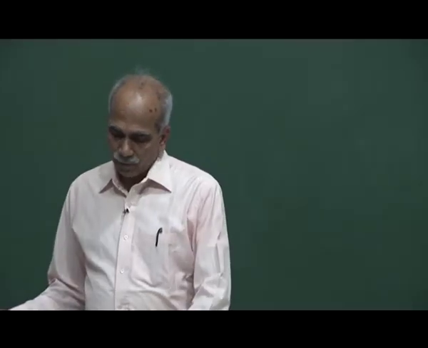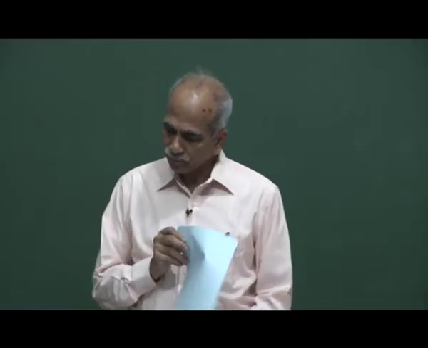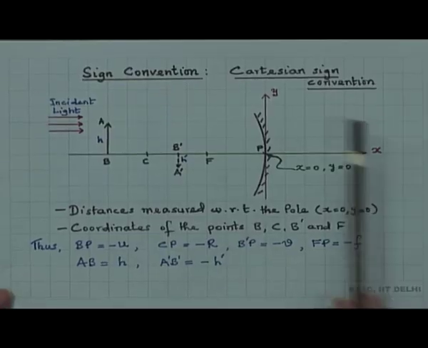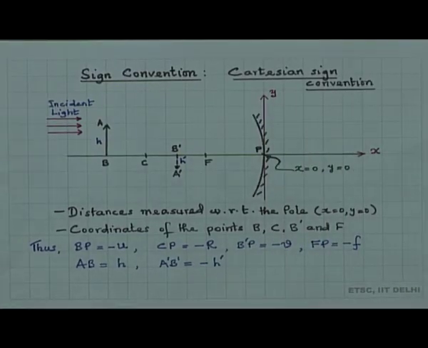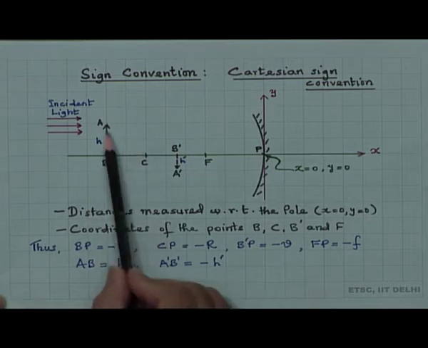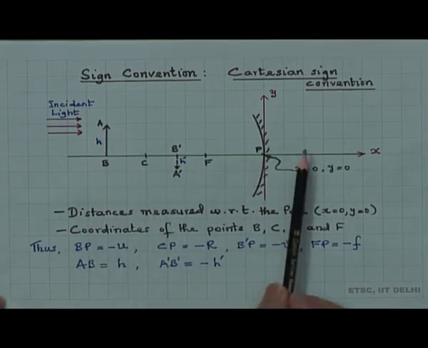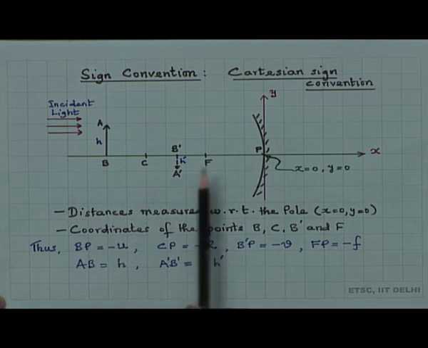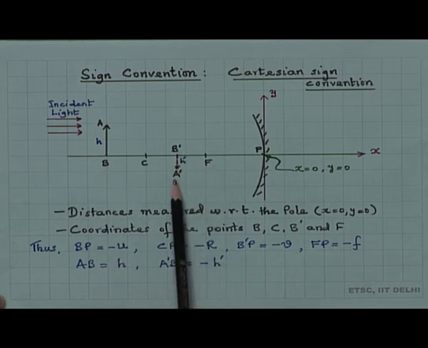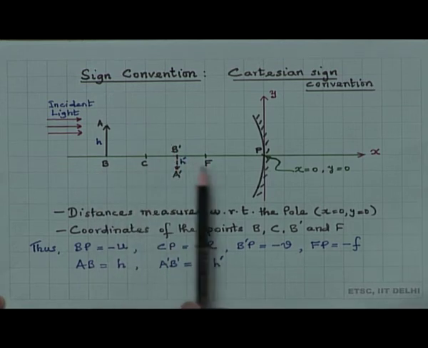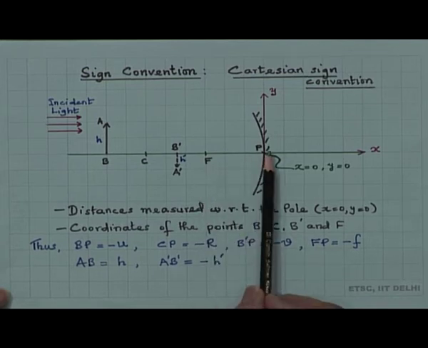So, what is this sign convention? We follow the Cartesian sign convention. So, here is the object. I have just dropped the ray diagram, the rest is the same: the object AB is here, the image A dash B dash, center of curvature, principal focus, pole.